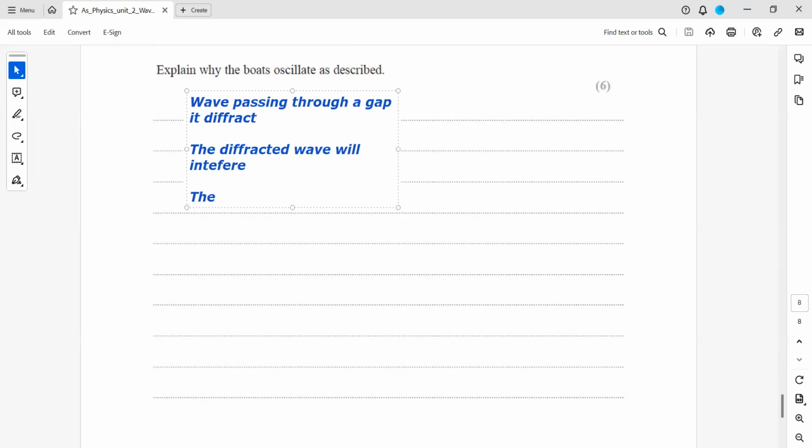The interference pattern depends on the path difference. You can say superimpose as well.